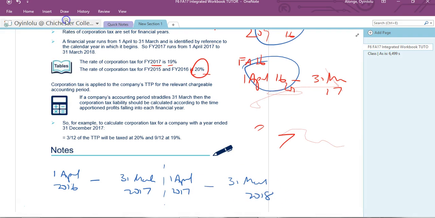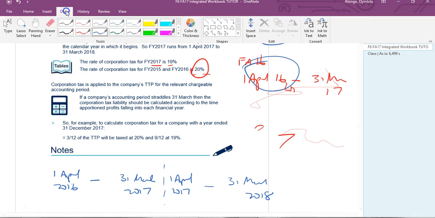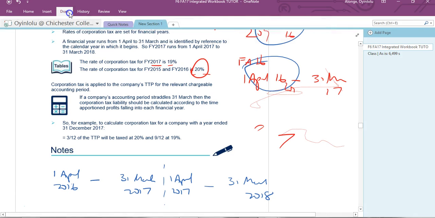So we have a scenario where you have prepared accounts from the 1st of January 2017 to the 31st of December 2017.